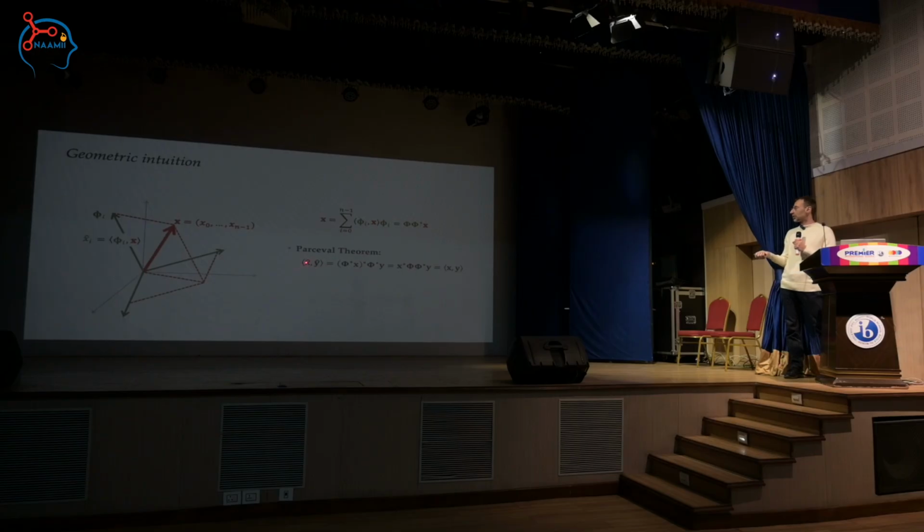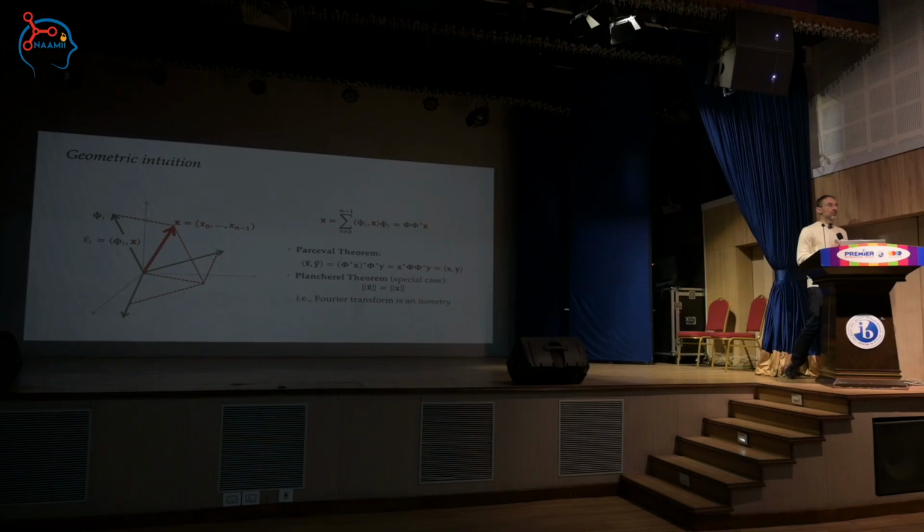So the inner product of the Fourier transforms equals the inner product of the original signals. And the special case of it means that the norm of the Fourier transform equals the norm of the original vector. In other words, this is what we call a length-preserving transformation, or an isometry. So it doesn't change the scale of the vector; it just rotates it. Okay.